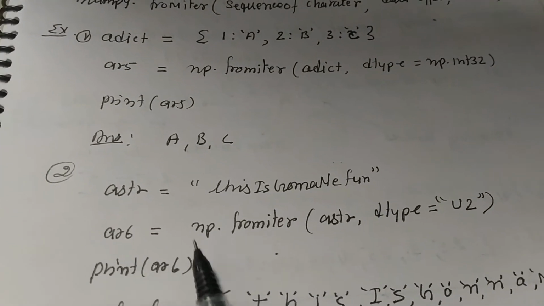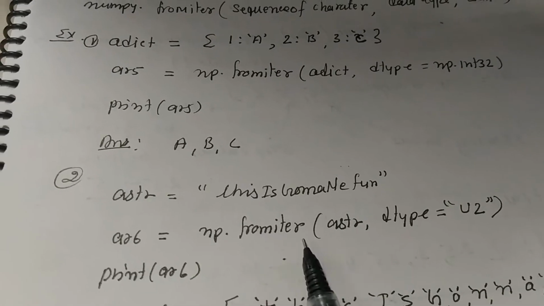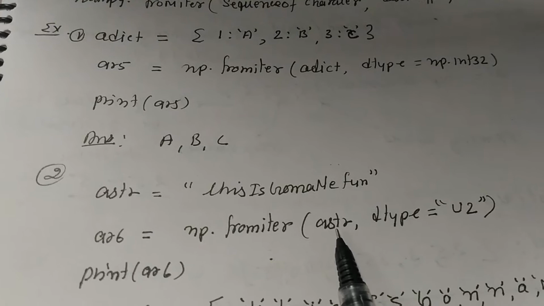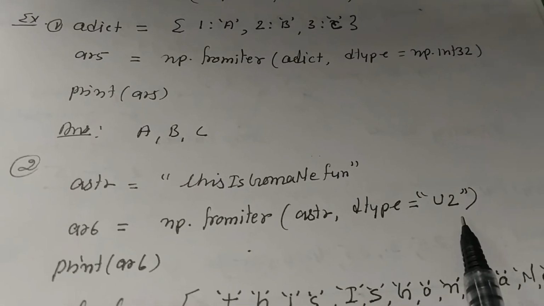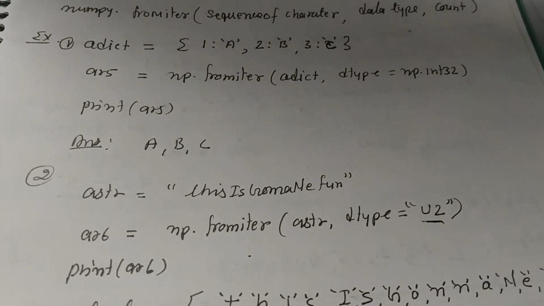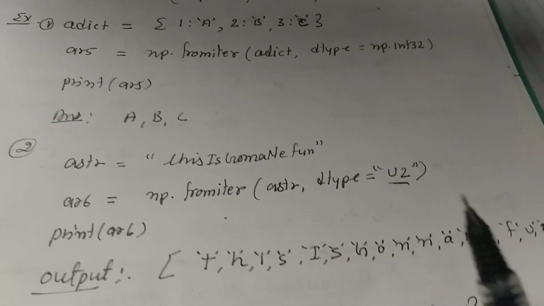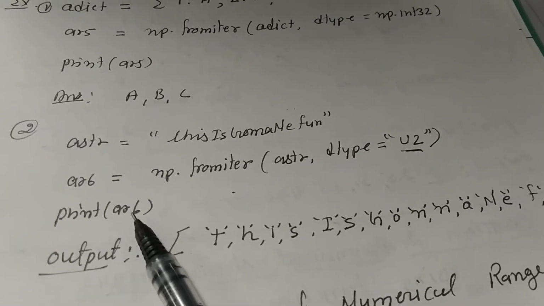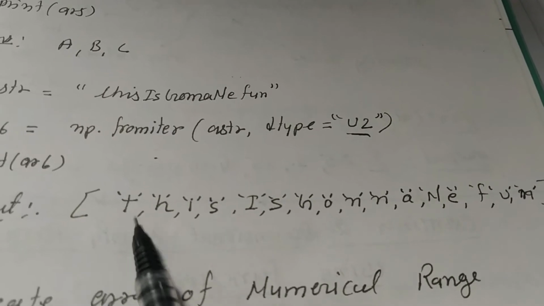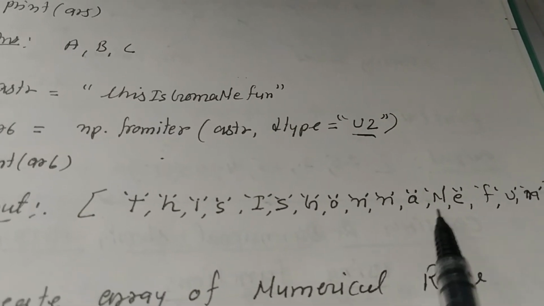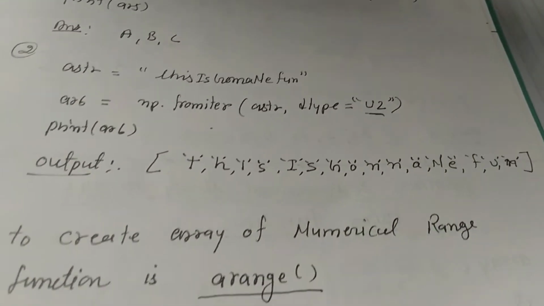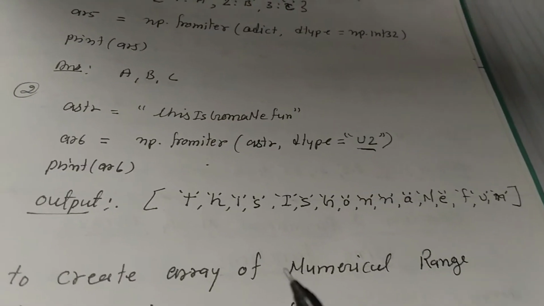In array 6 we are going to store it. np.fromiter, we pass the string, and for the data type we give U2, where U means Unicode. We print array 6, and this gives the answer here: every string is divided into characters, separated into characters. This is the output. That's why we use the fromiter function.